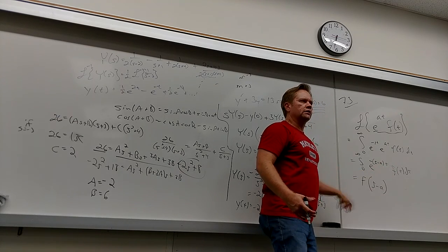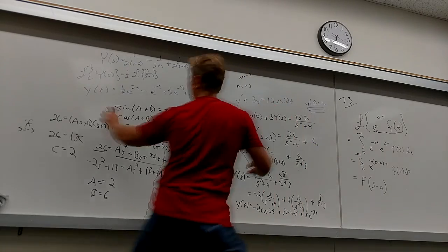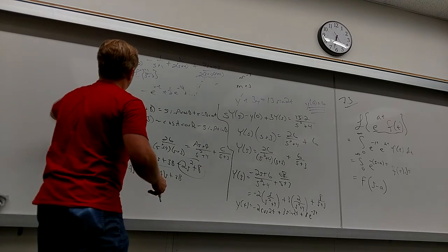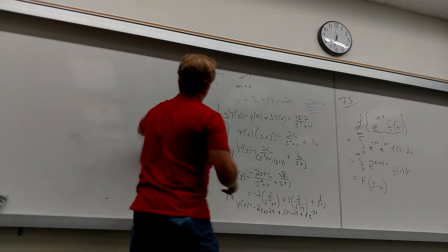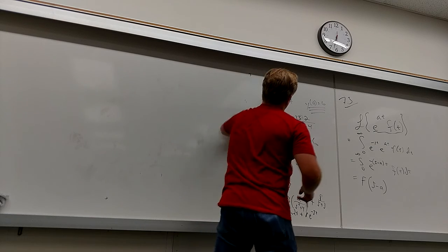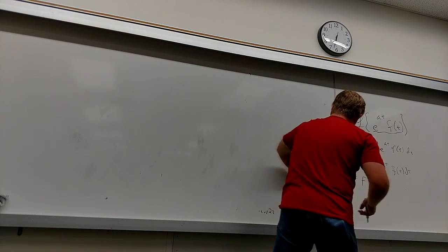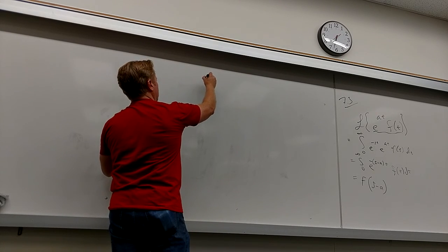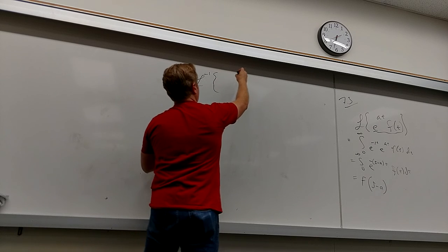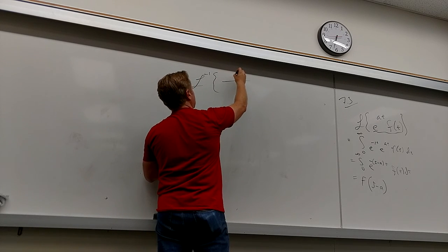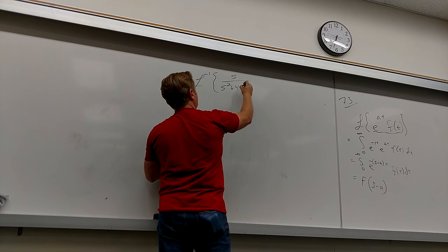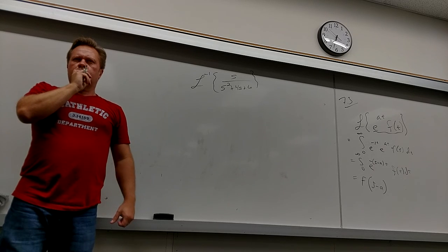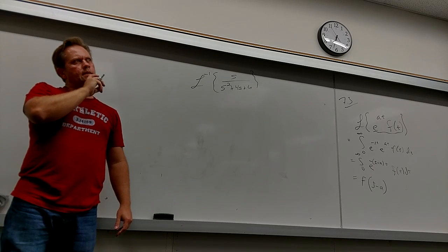Now, what's the usefulness of this? Well, we saw a problem. I can't remember where it came up from. And I said there is a way to solve it. Let me see. I think it was something like that.